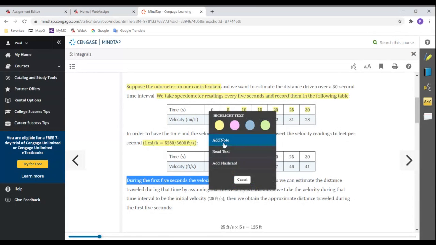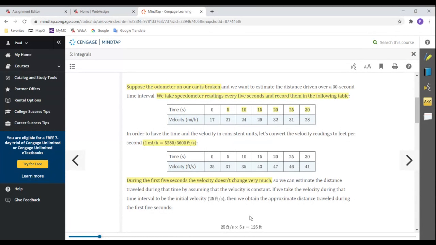They make a comment here: during the first 5 seconds, if you have a short interval, the velocity doesn't change much. So we can estimate the distance traveled during the first 5 seconds by assuming that the velocity is constant.